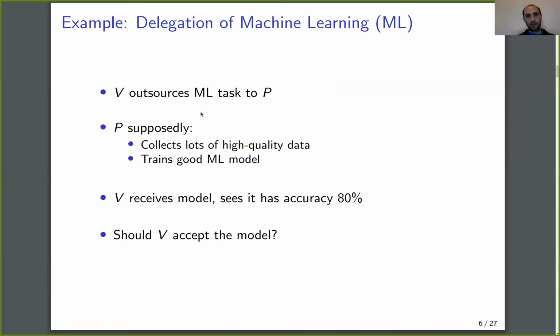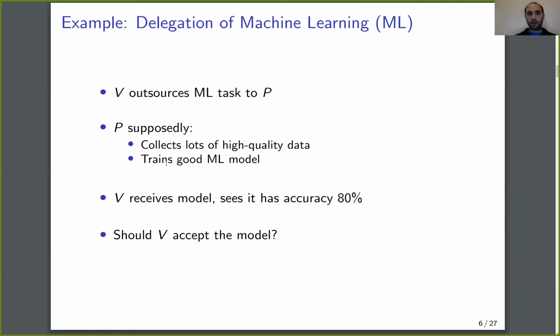What the provider is supposed to do is collect a lot of high quality data related to this particular machine learning problem, and train a good machine learning model on that data, maybe using a lot of compute power, maybe some deep neural networks, whatever. And then it will send that hypothesis back to the company that ordered it.